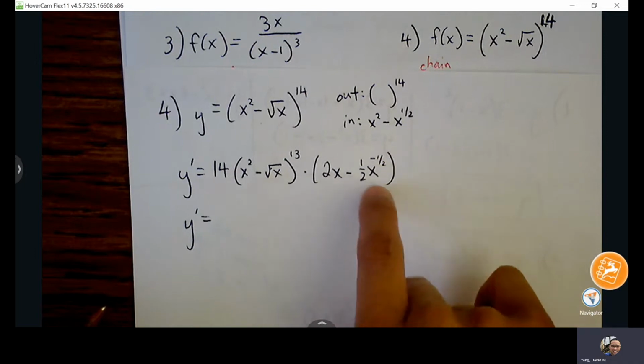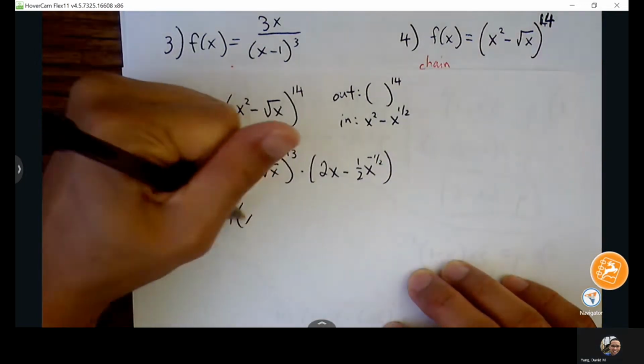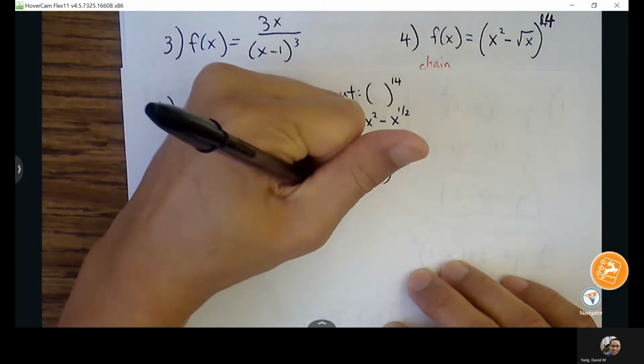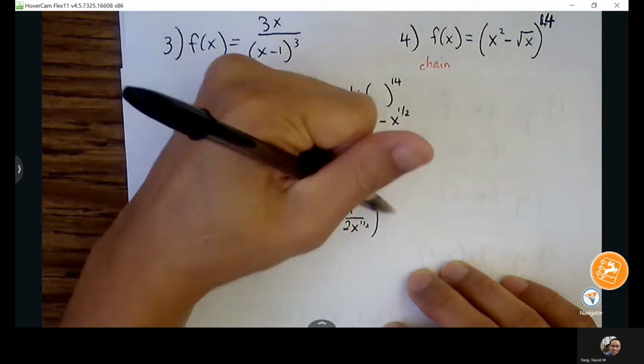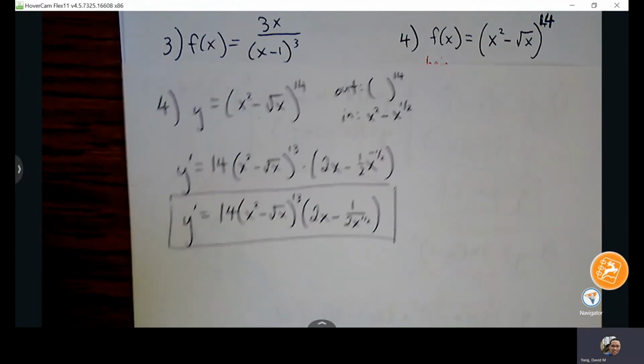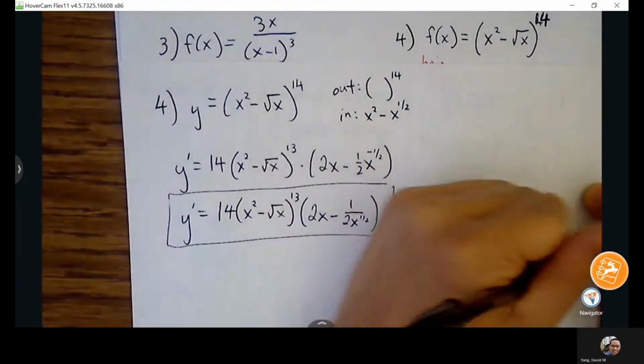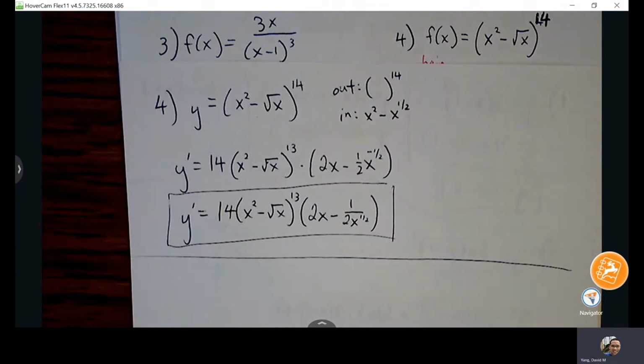It's not going to be able to be in the denominator of any of these other terms. Questions with 4?